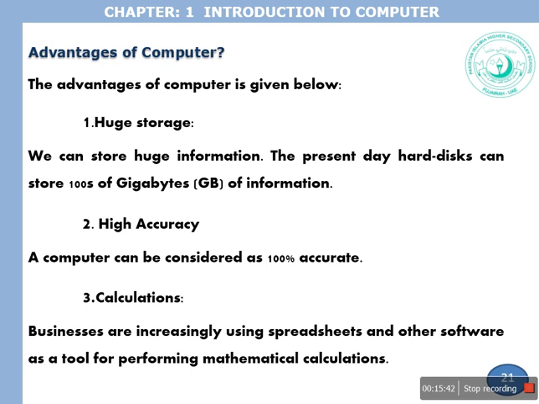The advantages of the computer are so many, but here I will discuss a few. Huge storage. For example, if I want to memorize books, how many books can I memorize? 1, 2, 3, maximum 100.